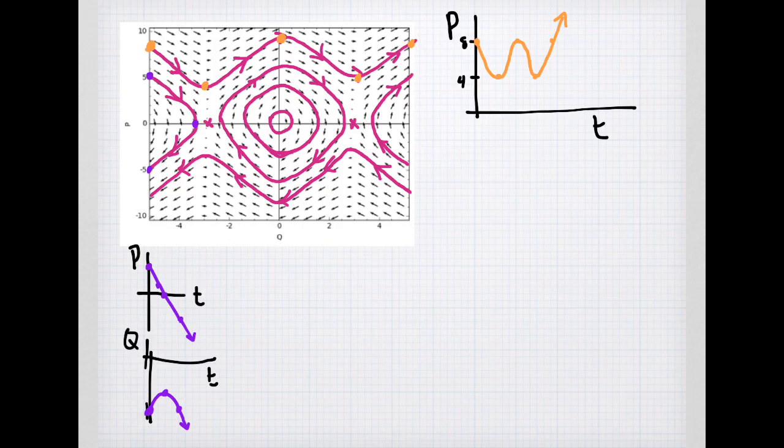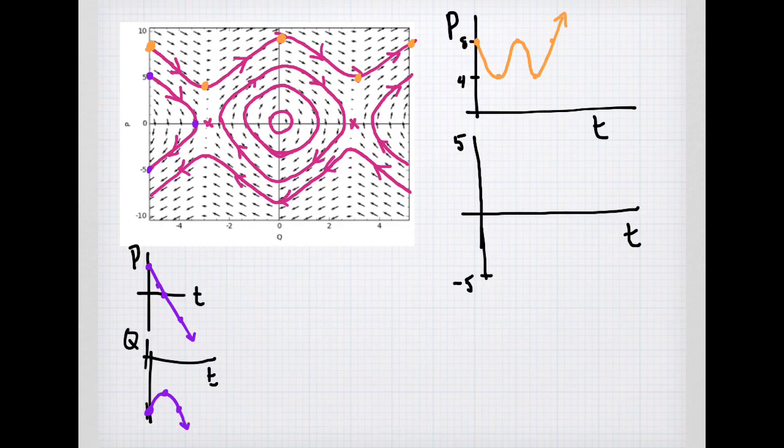Now what happens to Q? My Q variable is steadily increasing from -5, -4, -3, -2, -1, 0, 1, 2, 3, 4, 5. So my Q variable for that same picture appears to be steadily going from -5 to 5.